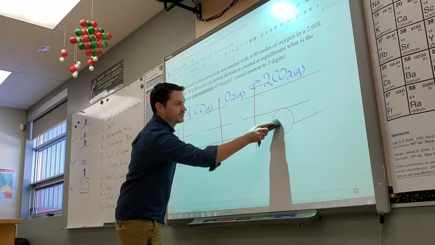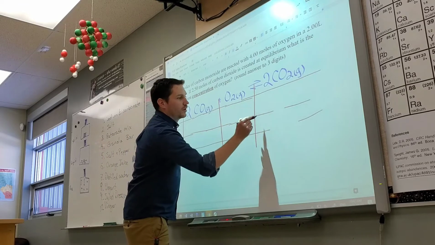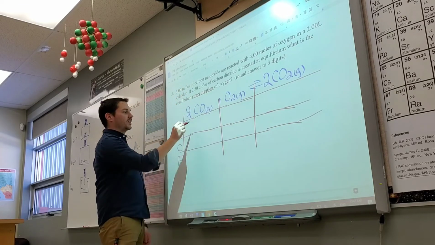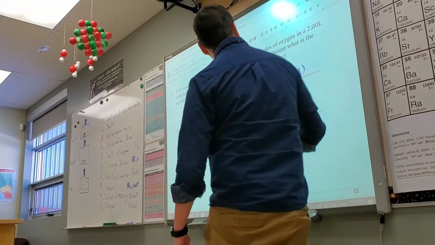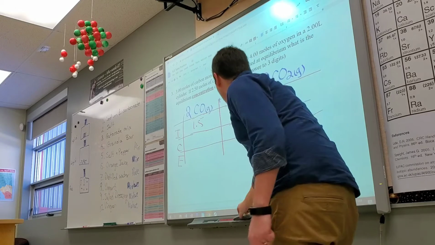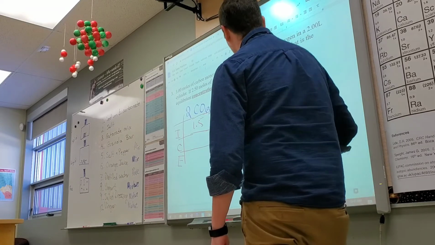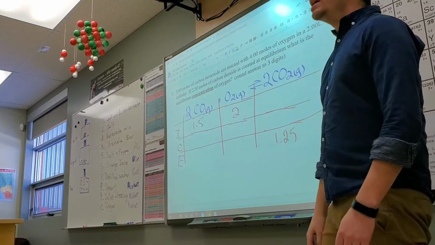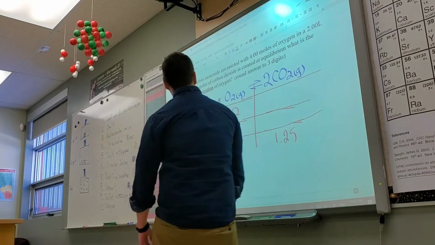Okay, 1.5 moles per liter, 2 moles per liter, and this is going to be 1.25 moles per liter. Good. So now everything is in moles per liter.